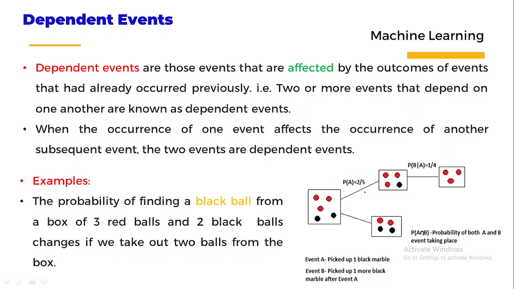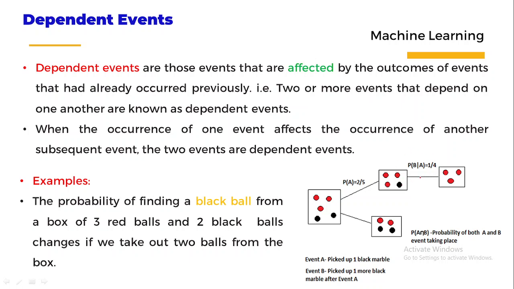Now after this event occurs, next I want to perform the event B. So here I have written the probability of event B given A. Here A has already happened and B is what I want to perform. In that case the probability is 1 by 4, because after picking 1, the remaining balls are 4, and out of those 4 I want to pick up one black ball, of which 1 remains.